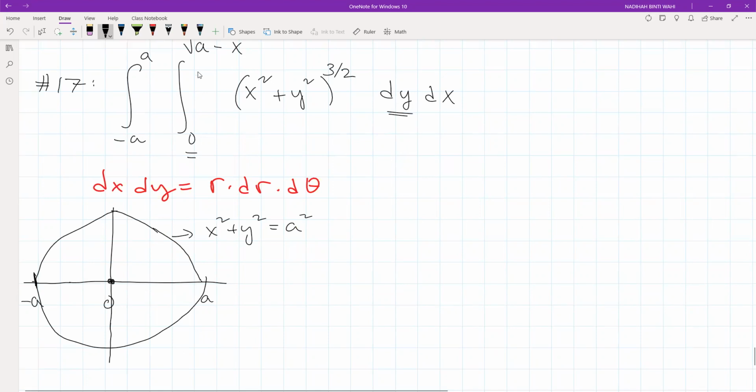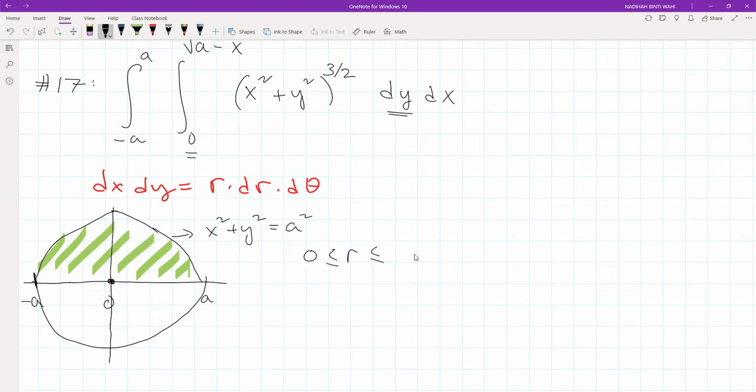So in this case it starts from 0, y is positive, this region is where y is positive. So by eyeballing, we knew that r is from 0 to a, and theta goes from 0 to pi.